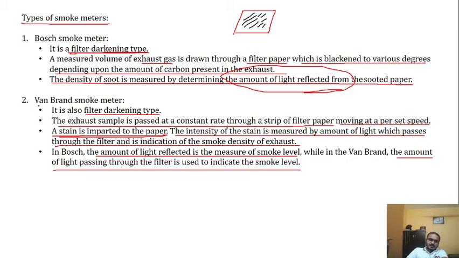Second is the Van Brandt smoke meter, which is also a filter darkening type. The only difference is that in Bosch the amount of light reflected is a measure of smoke level, and in the case of Van Brandt the amount of light passing through the filter is used to indicate the smoke level.